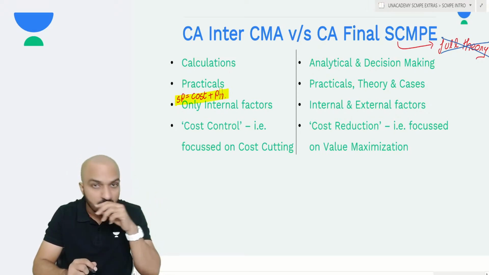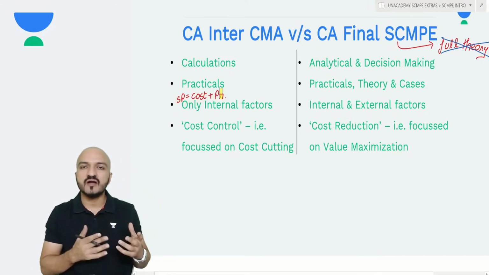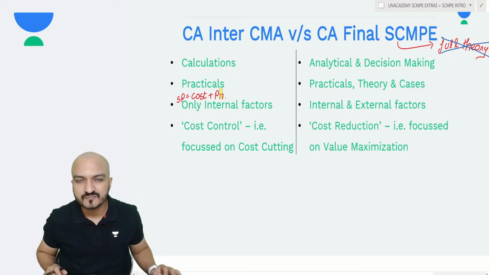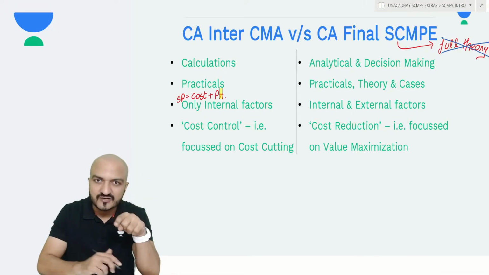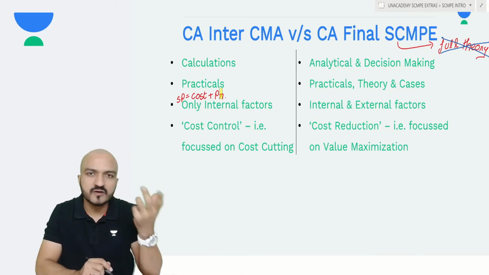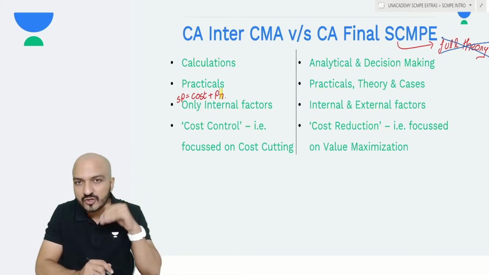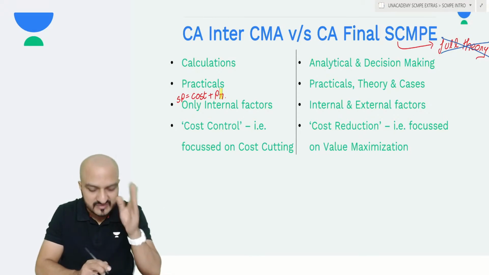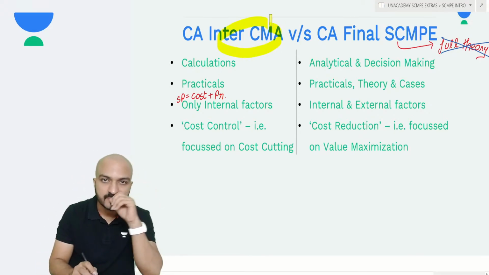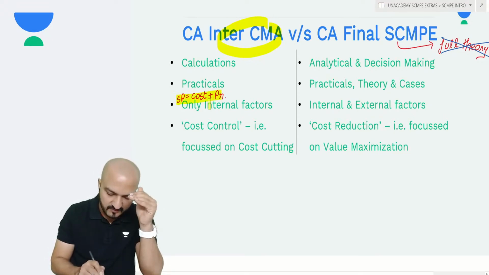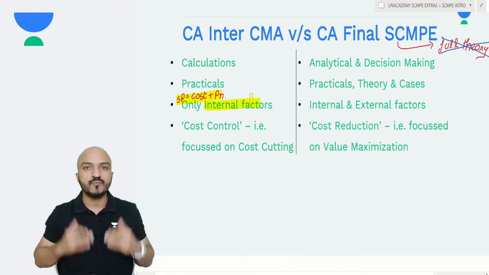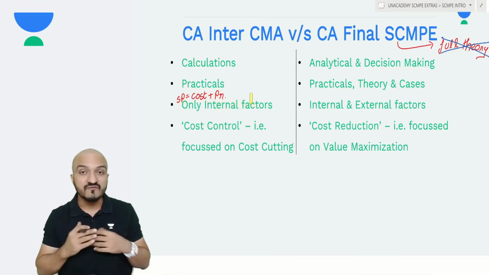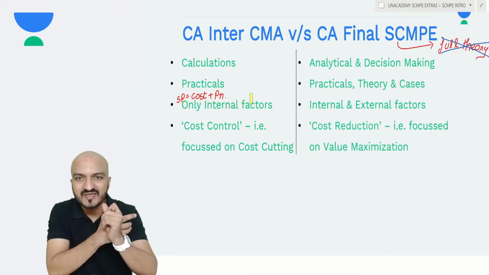Not necessary. What if the competitor is selling at a price lesser than yours? Will your product get sold? No. Did you even consider the competitor's pricing while deciding your selling price? No. Well, that's what you did at CA Inter level. You decided selling price purely based on your internal cost and the internal profit which you want. You never considered what the competition is charging.